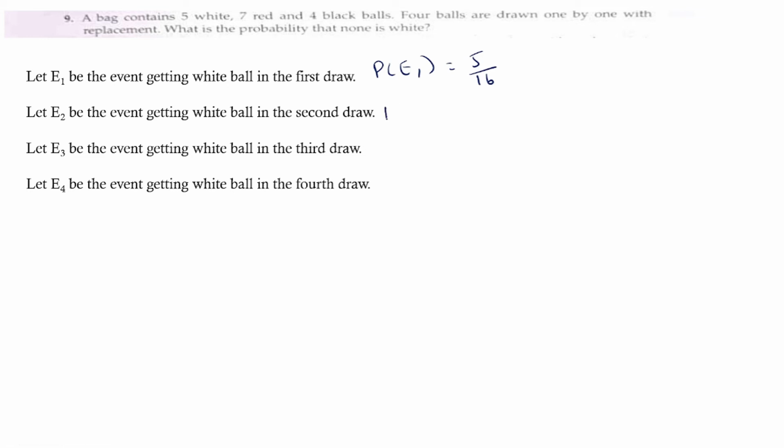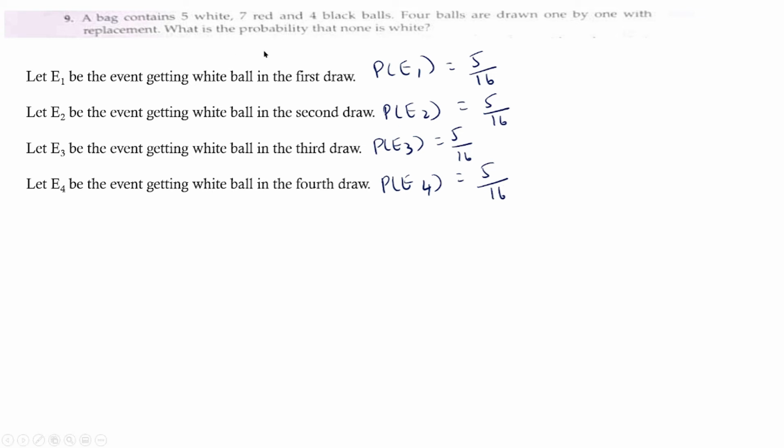So again probability of E2 will again be 5 by 16. And if we take, let E3 be the event getting white ball in the third draw, then probability of E3 will again be 5 by 16. And if we take E4 is the event getting white ball in the fourth draw, again the probability will be the same, which is 5 by 16.